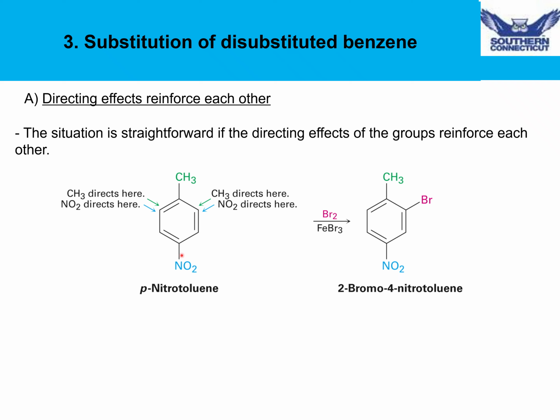Nitro groups, remember, are meta-directing, and the meta position is actually the same two carbons that the methyl group wants to direct the bromine to. So the bromine, since both the methyl and the nitro group are directed to the same spot, will be located now in the product in this carbon. Because of the symmetry, it doesn't matter whether we put the bromine on the right or the left side of the molecule.